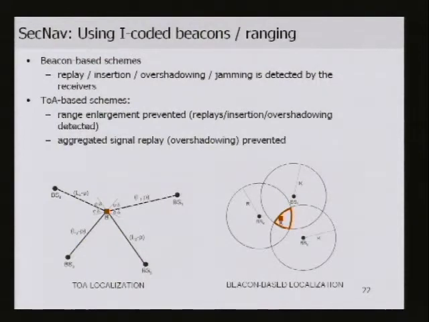But now, how can this be used for secure navigation? The answer is simple, almost straightforward. We can take any navigation message, either in a GPS-like system based on time of arrival, or a beacon-based scheme, and send it using this scheme, using integrity coding. What happens then is that you prevent any time shifts of the navigation messages.